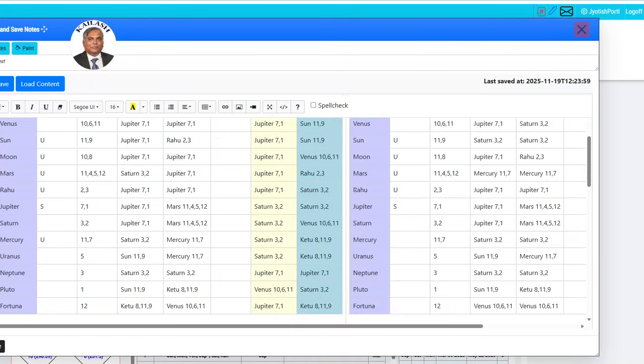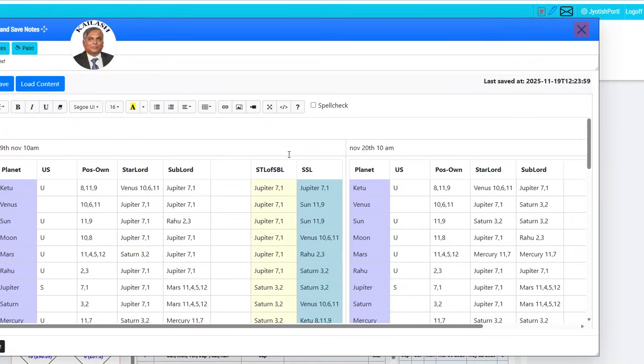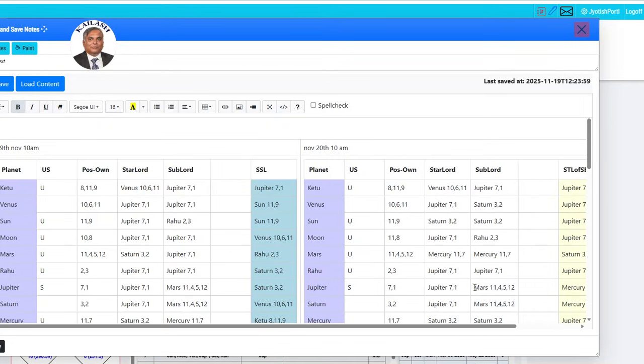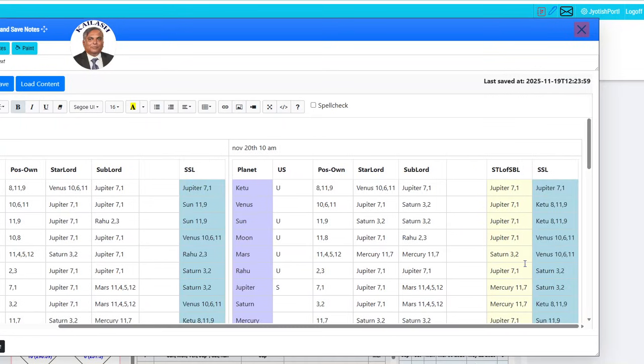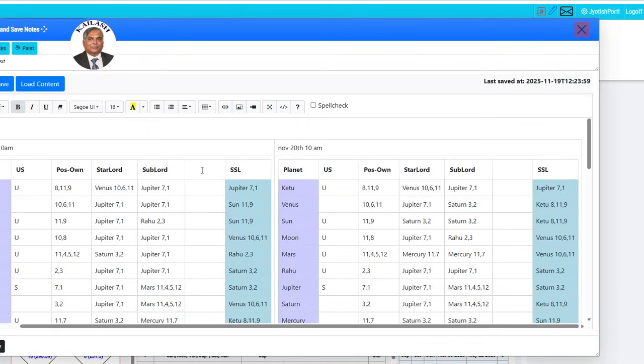So now you have both, but we'll get rid of the star of sublord column that we don't need. So we're going to delete this column. Similarly, we are going to delete this column from here. Let's delete this blank column also.